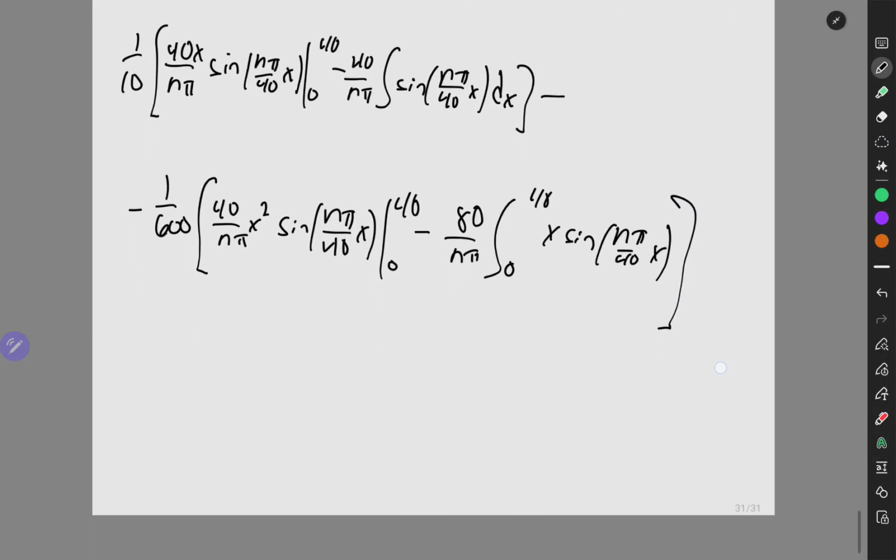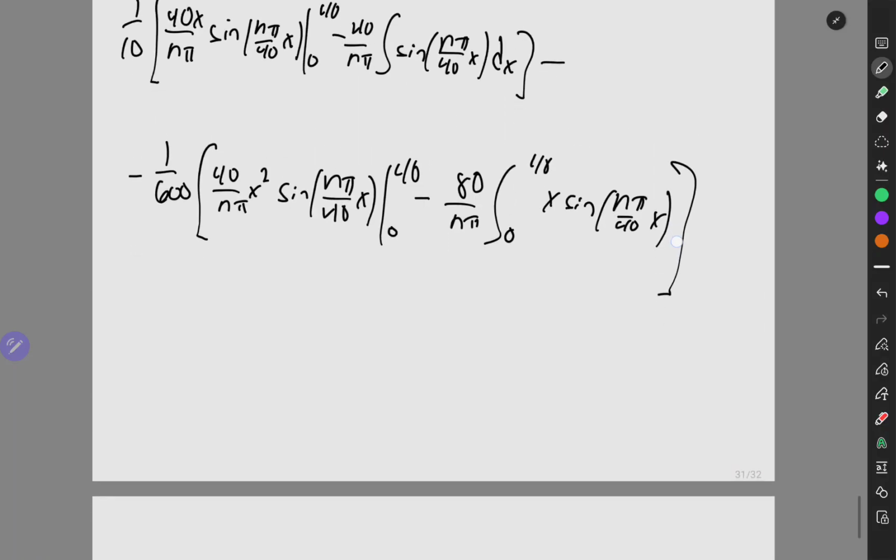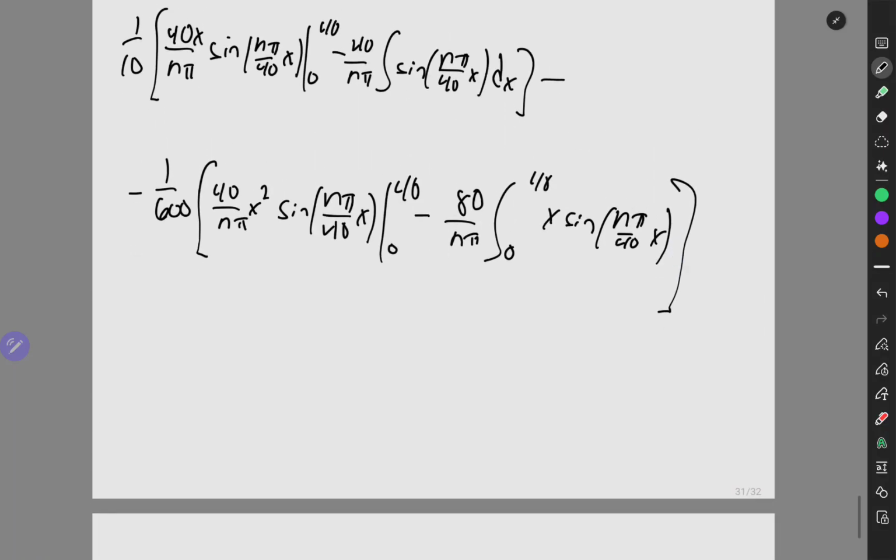This looks right to me. And then we can simplify that first half a lot. What is 40 times 40? You know what? I'm just going to leave it like that.